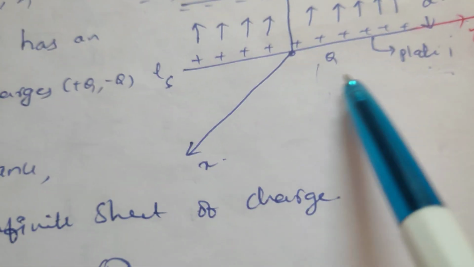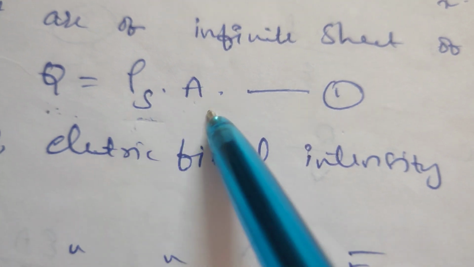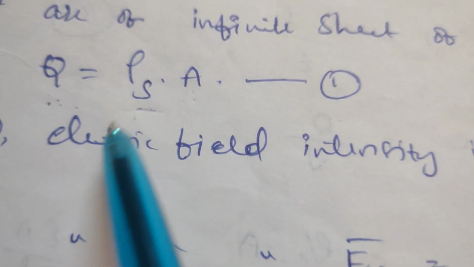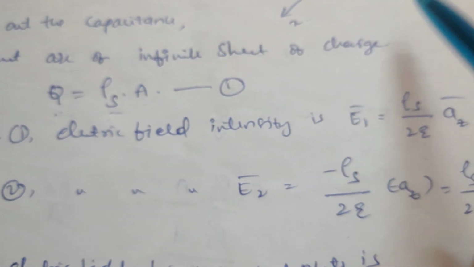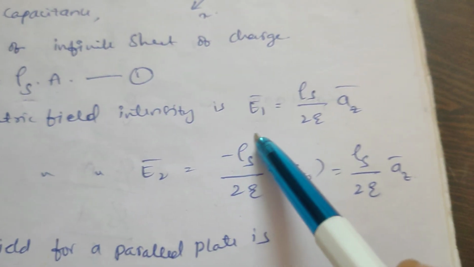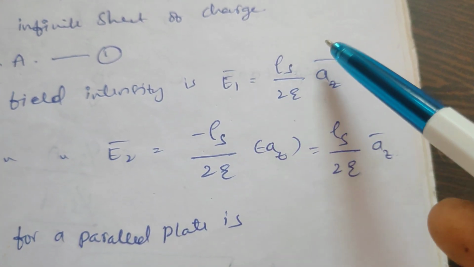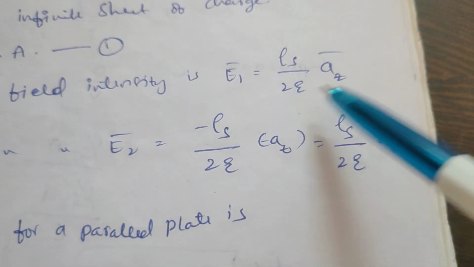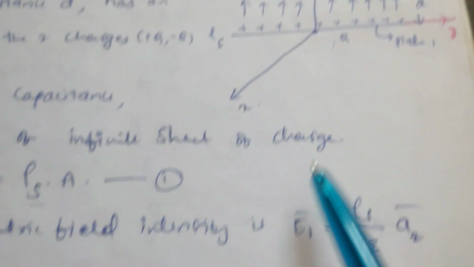The net charge of an infinite sheet is Q equals rho s into A, the sheet area. The electric field intensity of plate 1 is E equals rho s by 2 epsilon into az, because this is the positive side.